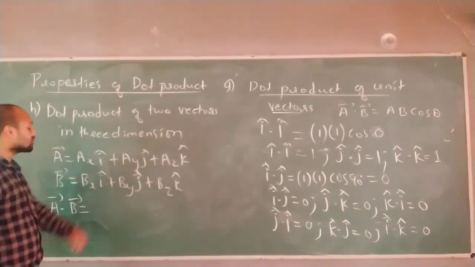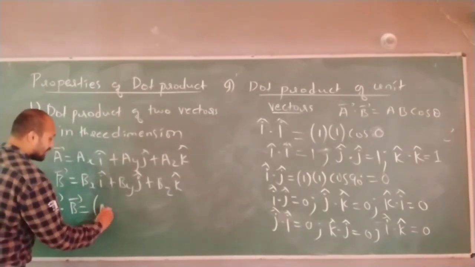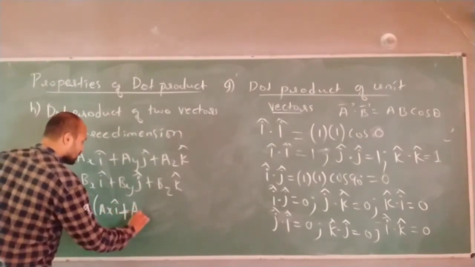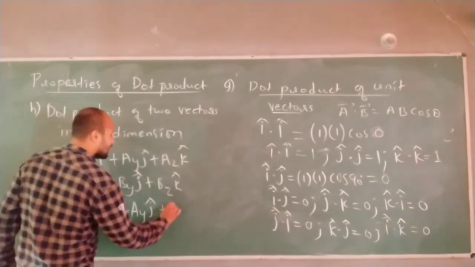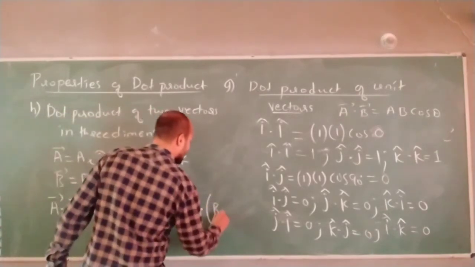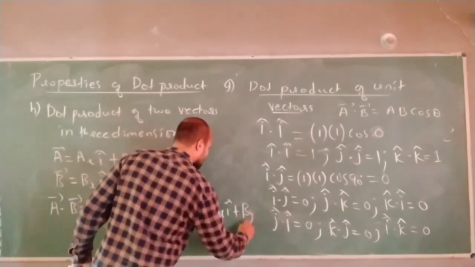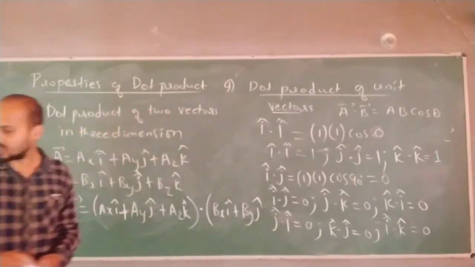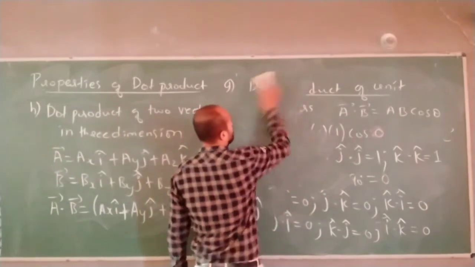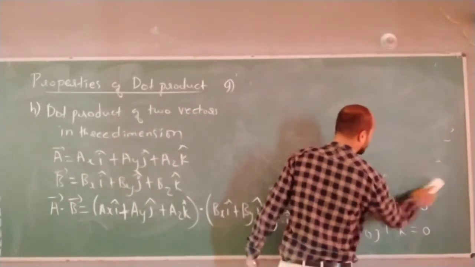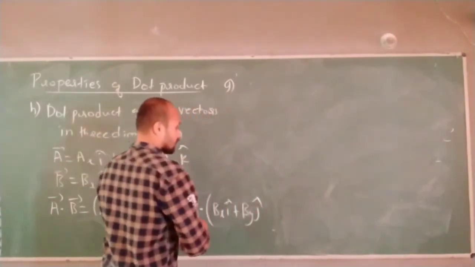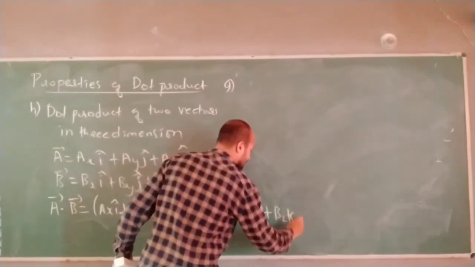But when I am writing in terms of ijk, I will write Ax I cap plus Ay j cap plus Az k cap dot Bx I cap plus By j cap plus Bz k cap.